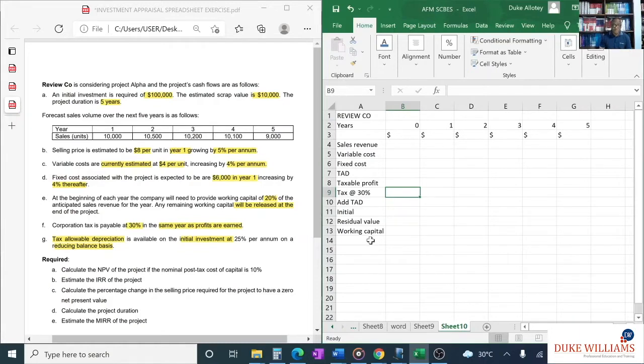So, from here, we can have a net cash flow, then we can have the discount factor. I'm not sure whether we need it. Maybe we do, but just as a matter of principle, we work out the present value, and then from there we can get our net present value.